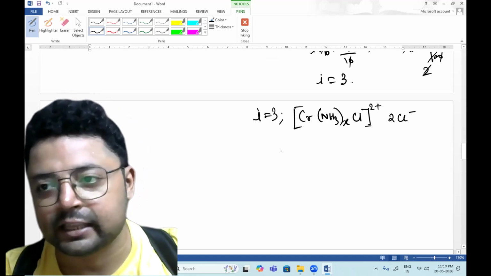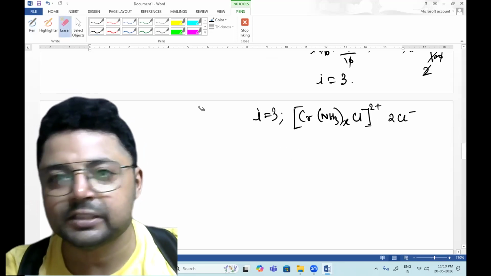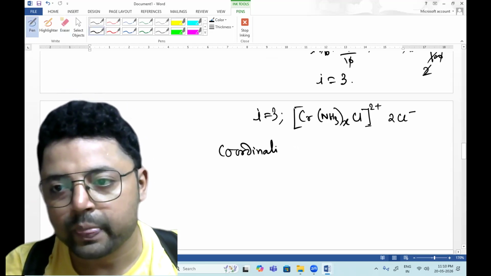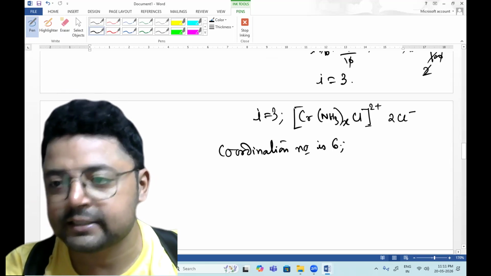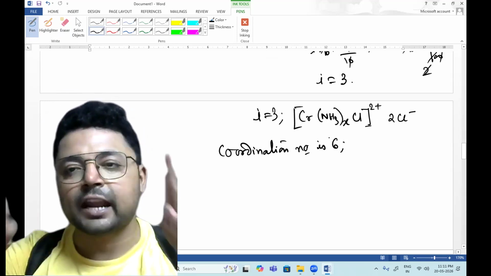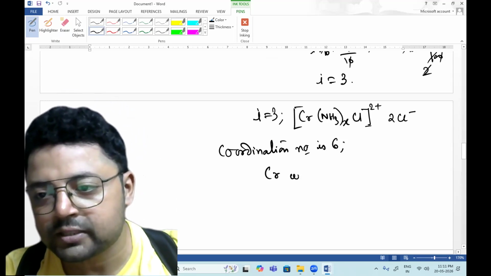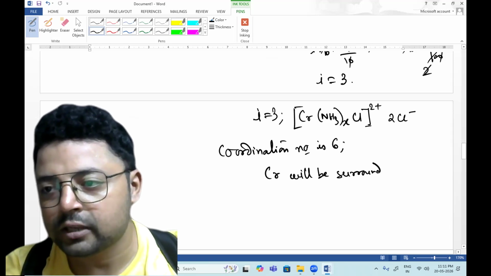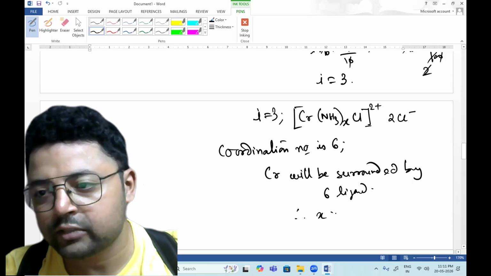What is this x? As it has been stated that the coordination number is 6, it means chromium will be surrounded by 6 ligands. Therefore, x will be equal to 5.